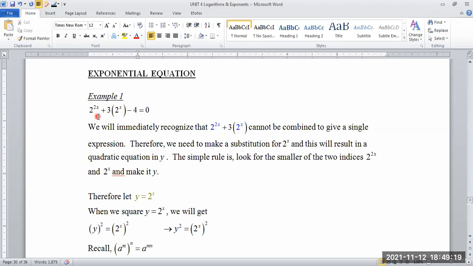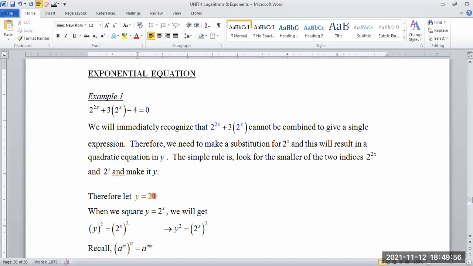When you make the substitution, we are going to replace the 2 to the 2x and the 2 to the x in the original question that was given. So therefore, I'm going to let y equal 2 to the x.